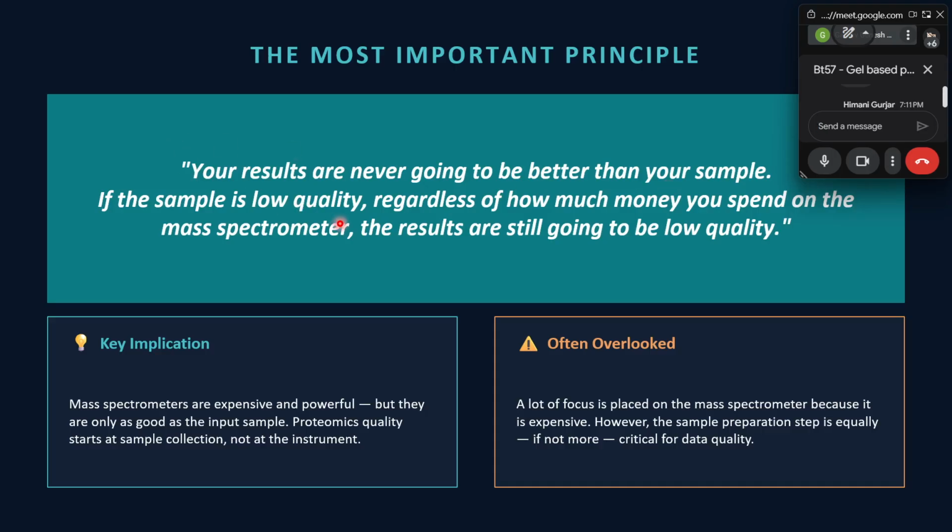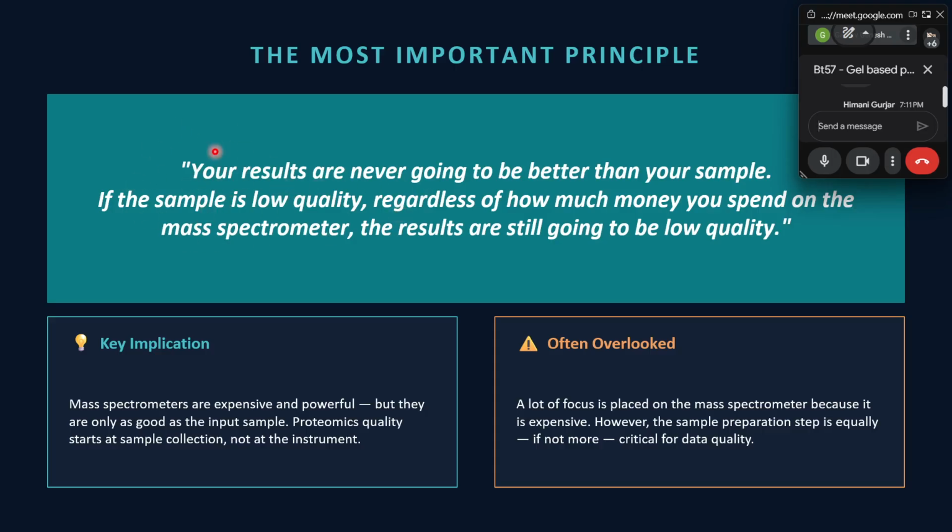So if the sample is of low quality, regardless of how much you do the analysis, how much money you spend on doing a mass spec or any kind of technique, that is still going to be low quality because the main source by which you're getting the data, that itself is not that great.